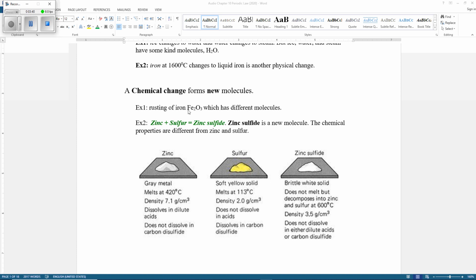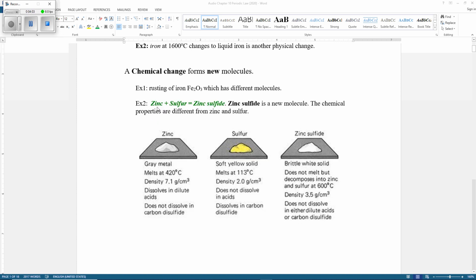After they combine, this is the new molecule, two iron combined with three oxygen atoms. And the properties of this new molecule are totally different. It's soft, and it's brittle, right?